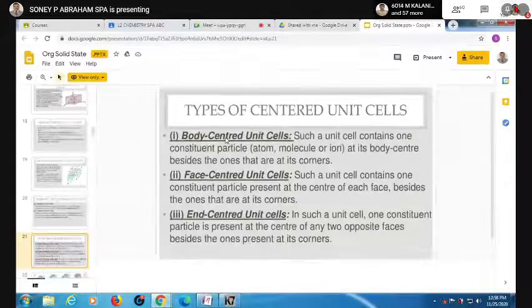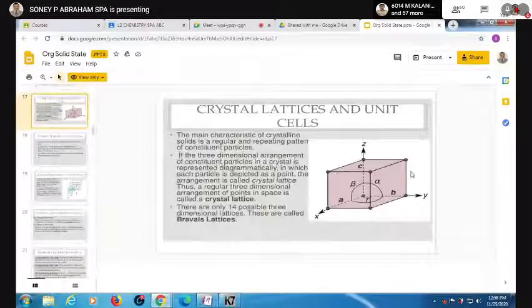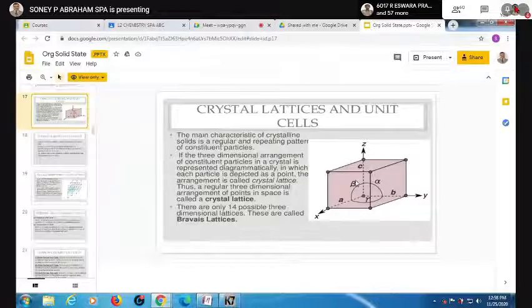At the center of the cube, if you have a particle, it is a body centered unit cell.